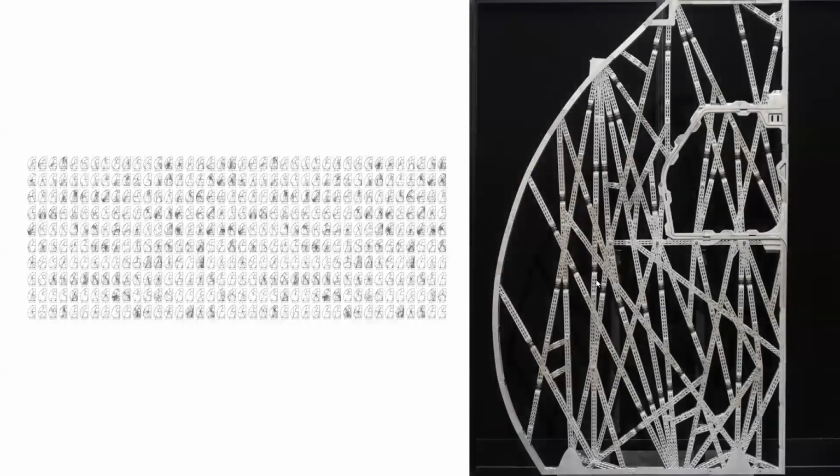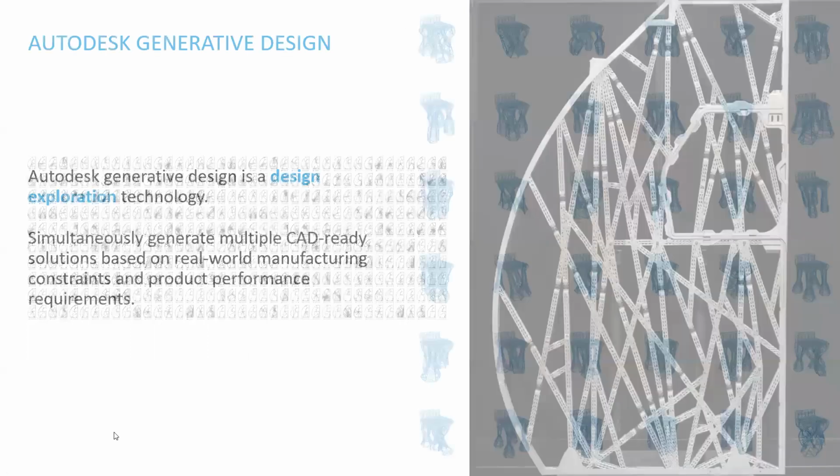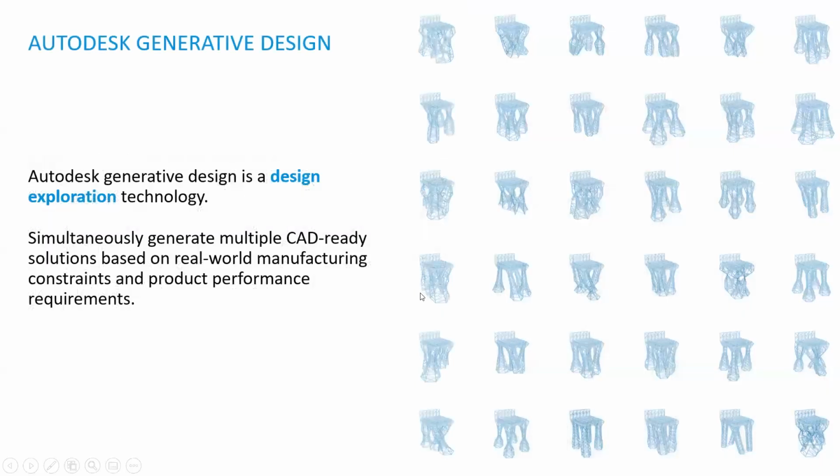They have created this partition through 3D printing with a new material, getting an output of 45% mass reduction. Now you can see the chair you were talking about, ma'am, right? A simple chair, and this many outputs are coming with generative design.